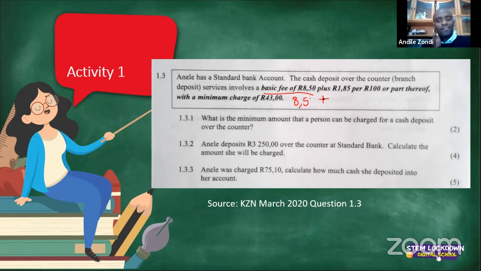Plus 1 rand 85 per 100 rand, for every 100 rand.